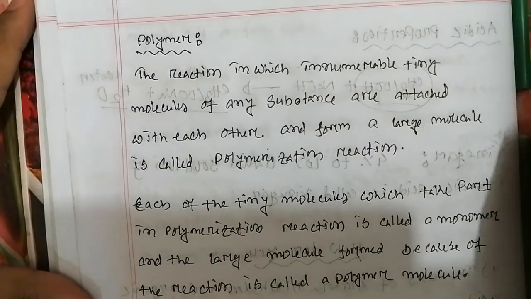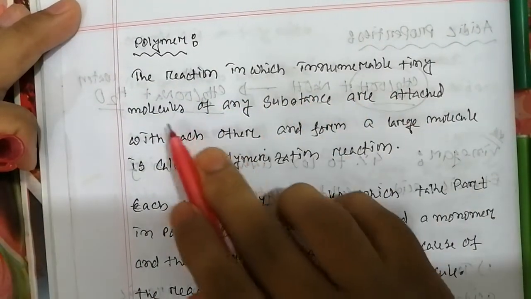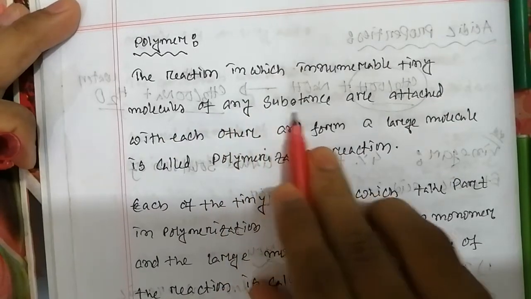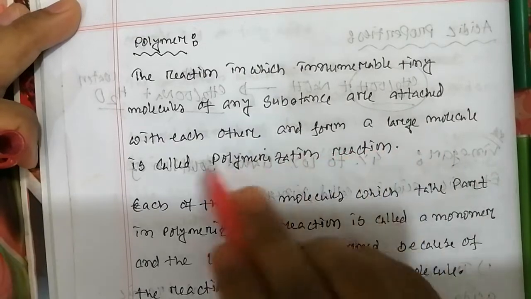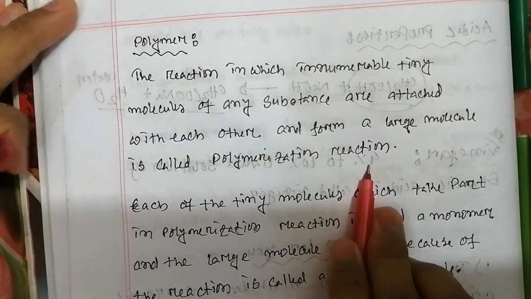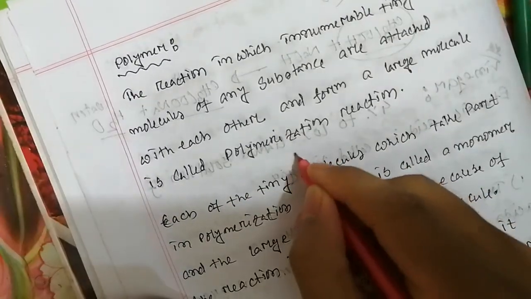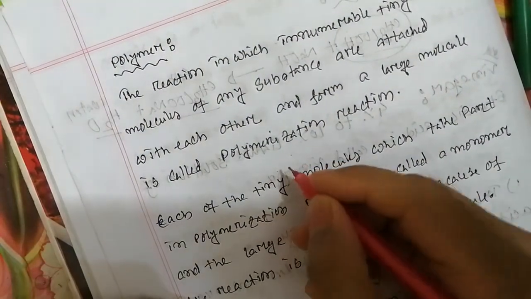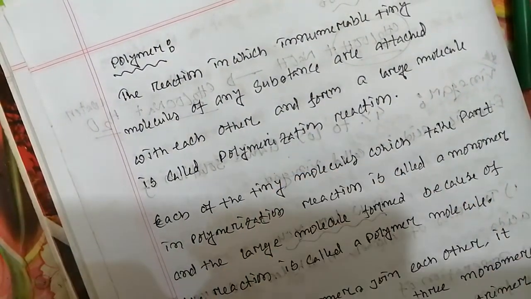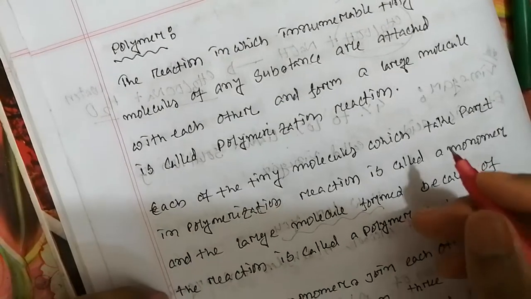The reaction in which innumerable tiny molecules of any substance are attached with each other and form a large molecule is called polymerization reaction. That means when tiny molecules of any compound attach to one another and make a large molecule, the reaction is called polymerization reaction.